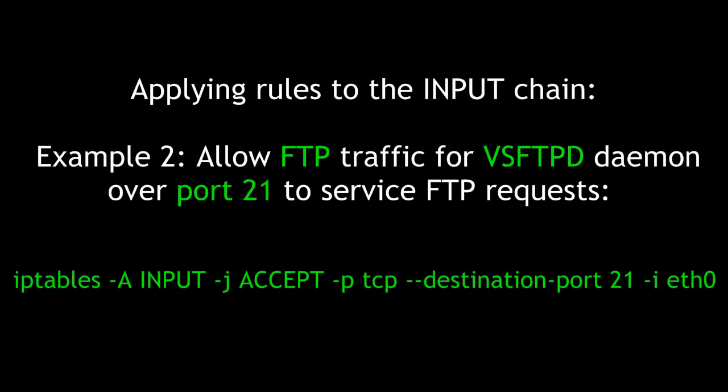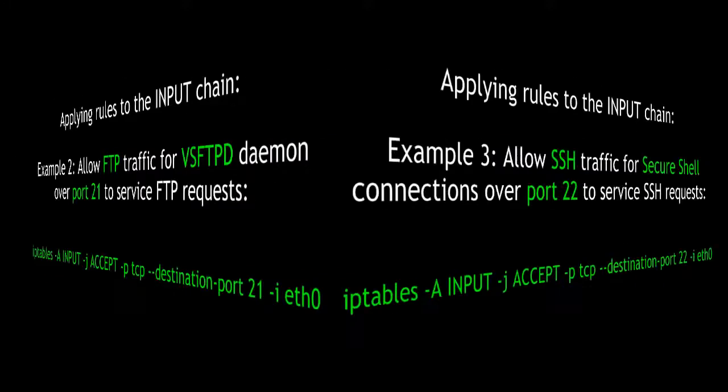Example 2. If we wanted to allow FTP traffic using the vsftpd or Very Secure FTP daemon over port 21, we would use the command iptables, -A to add or append a rule, INPUT to specify the built-in input chain, -j for the action, in this case ACCEPT and not DROP, -p for the protocol, TCP or Transmission Control Protocol would be the protocol we wish to allow, the destination port 21, and specify the interface, in this case eth0.